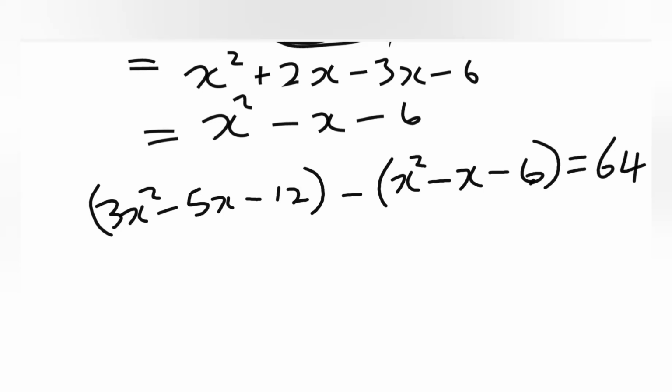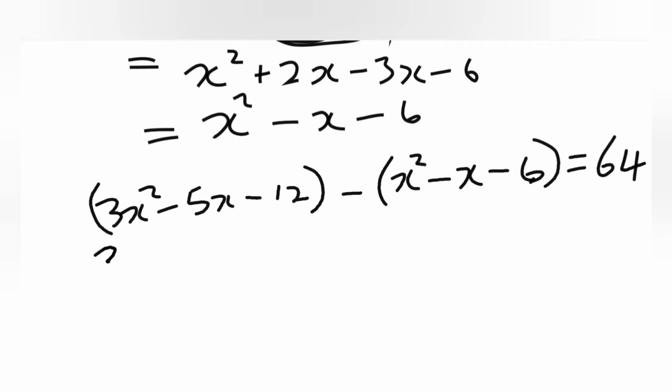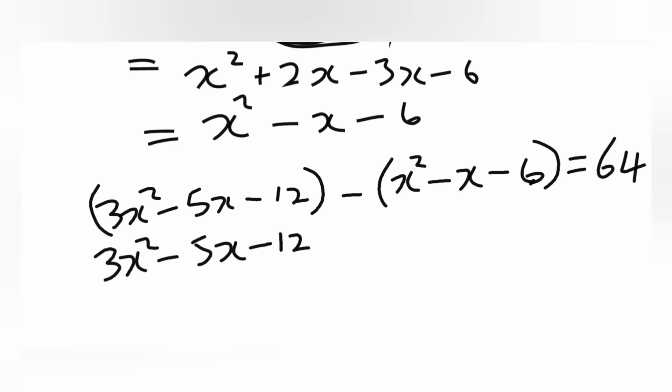So I'm going to simplify the brackets. I'm just going to write 3x squared minus 5x minus 12. We're going to use this negative sign to multiply everything that is inside the bracket. So minus times a positive x squared is going to give us minus x squared.